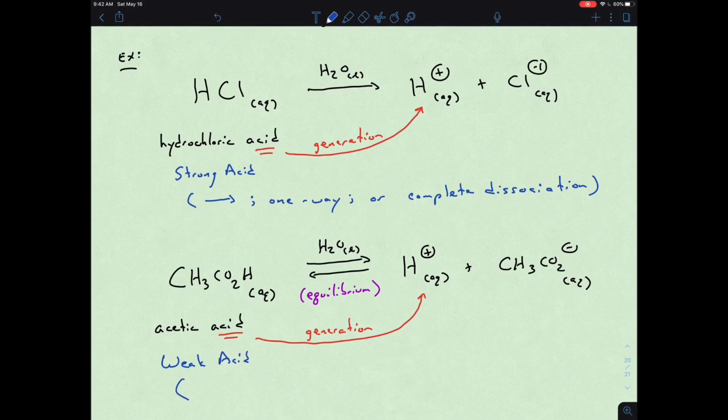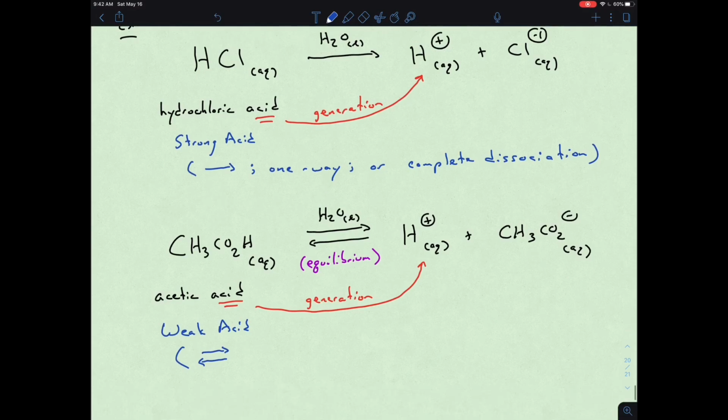And the weak acids we tend to notice have the two-way street arrows, the equilibrium arrows, and there is not complete dissociation.